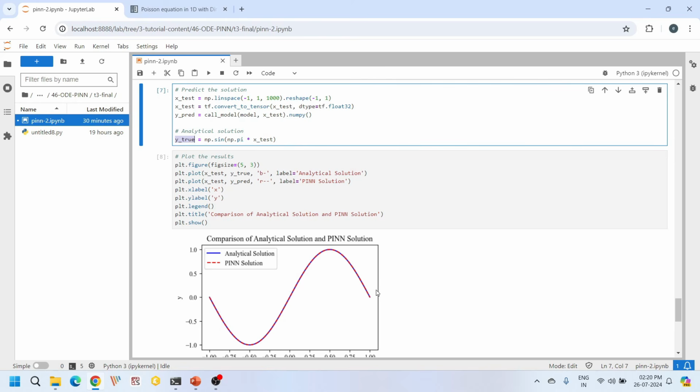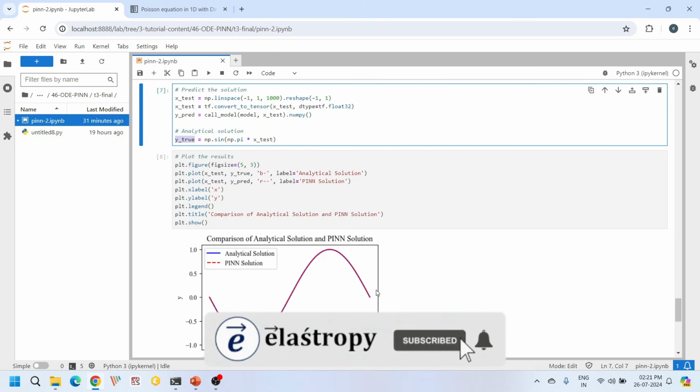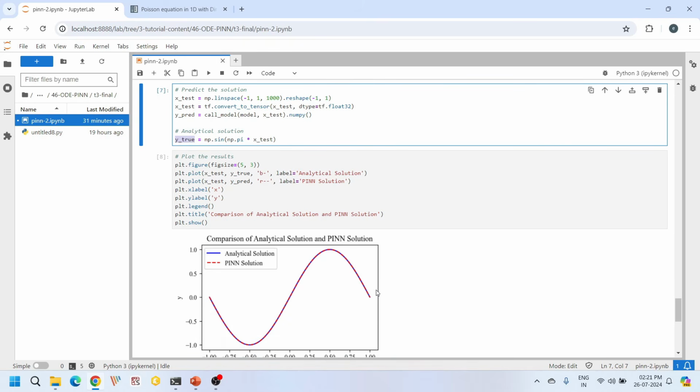So in this particular set of governing differential equations and boundary conditions, we were able to get an exact solution that matches closely with the analytical solution, but in some other sets of partial differential equations, it may be difficult to get this exact a solution, but we can try our best to get a close solution as much as possible. So this is the fundamental idea behind physics informed neural networks.